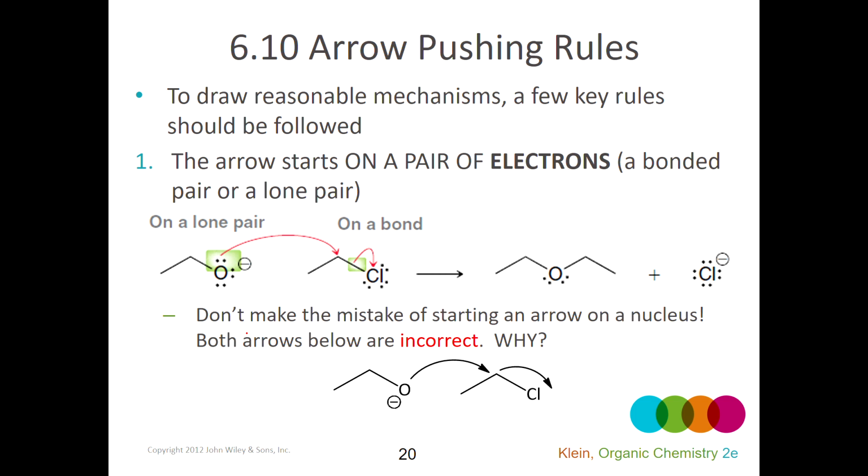So make sure you follow these key rules and avoid some of the incorrect things that we're going to show as well. So as we said, an arrow shows electron movement.